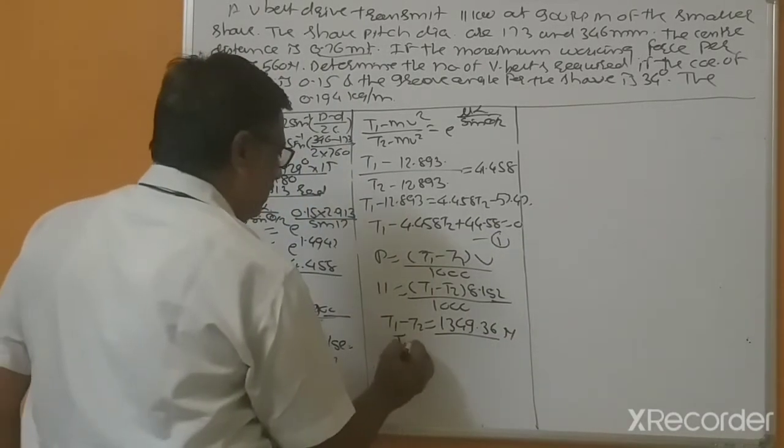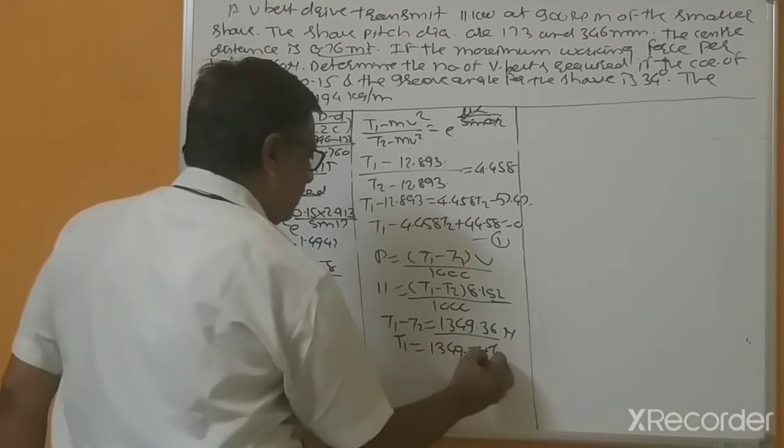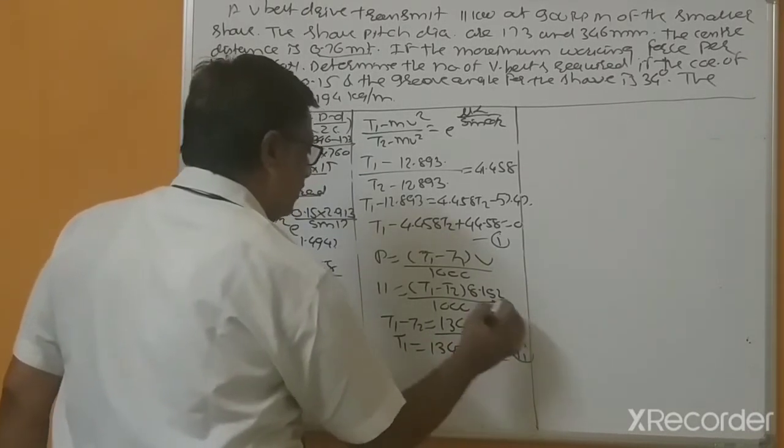So T1 equals 1349.36 plus T2. This is the second equation.